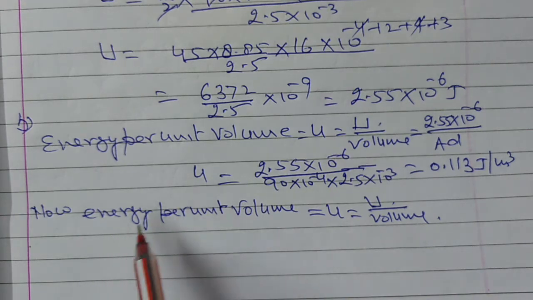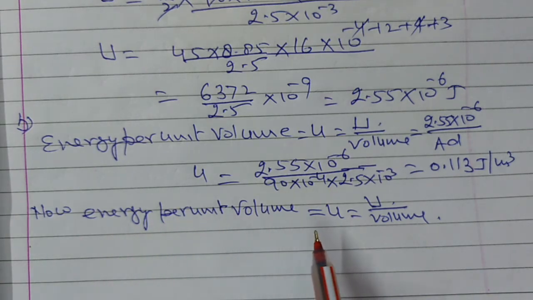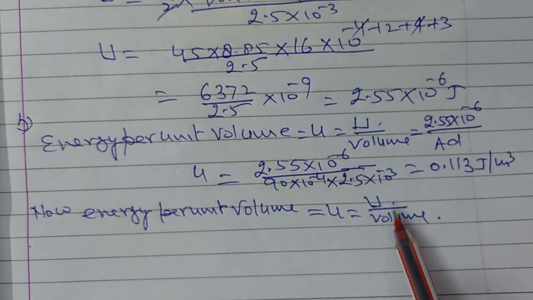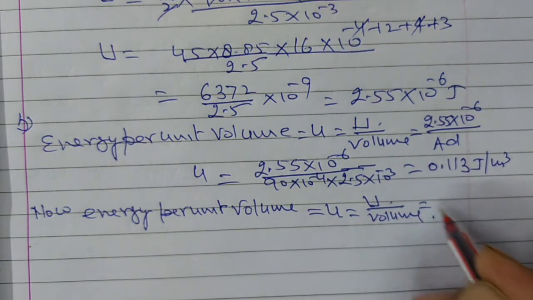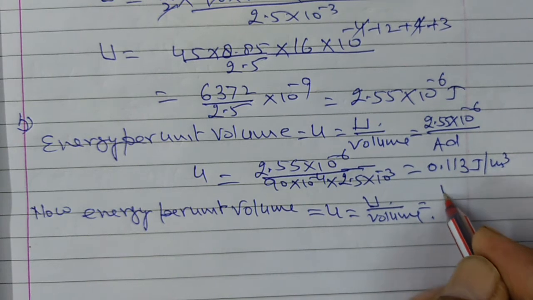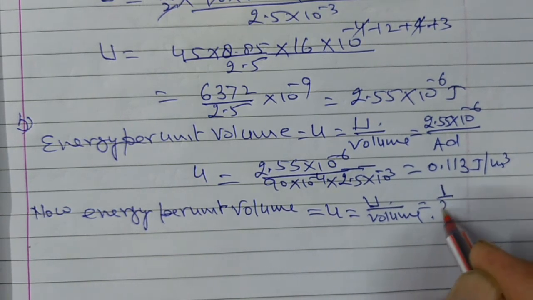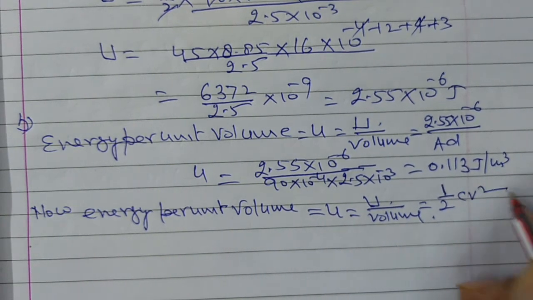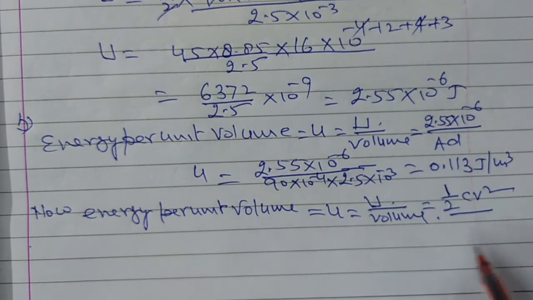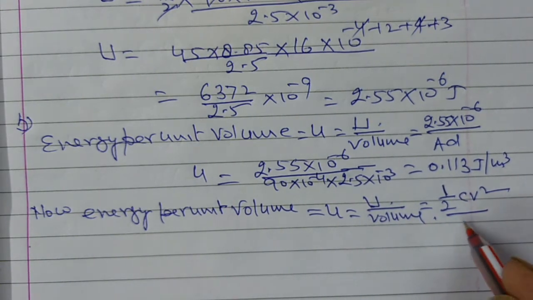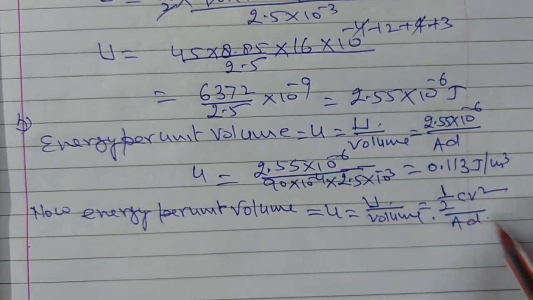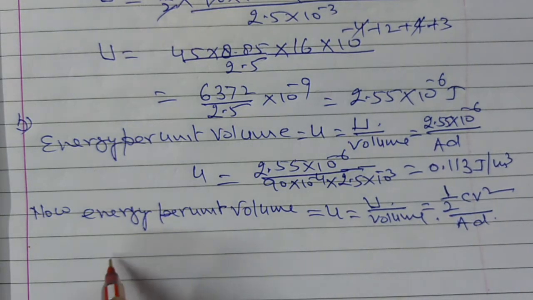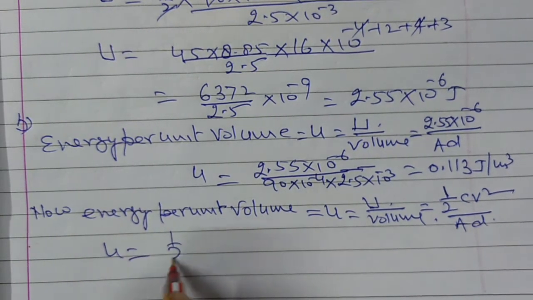Therefore, we know that energy per unit volume small u is equal to total energy upon total volume of the parallel plate capacitor, and total energy is half CV square. Now volume is area into separation between the plates. Now this is half into C.